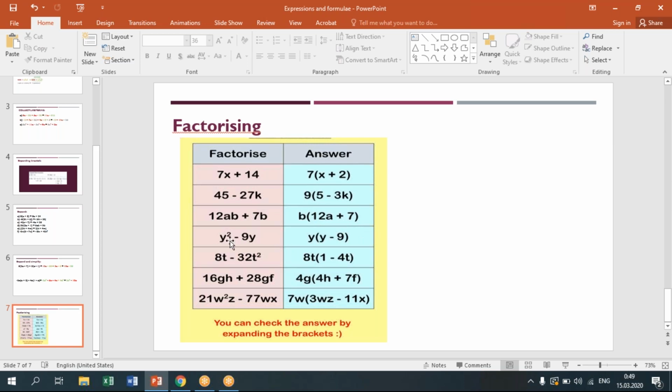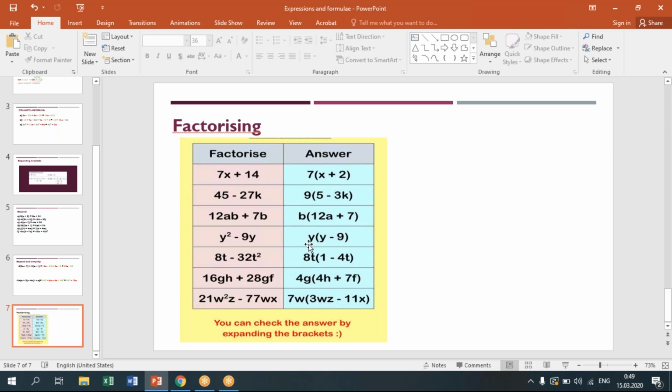Next one, y squared minus 9y. Here again, we have to write before the bracket the common letter or digit. In this case, we have a common letter. y squared, what does it mean? It means y multiplied by y. So y is the common letter. I will write it before the bracket. y squared, it was 2 y's.